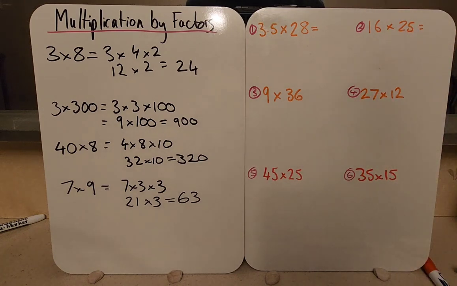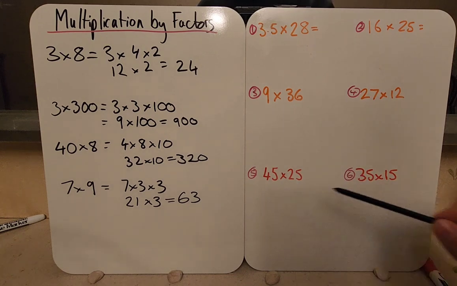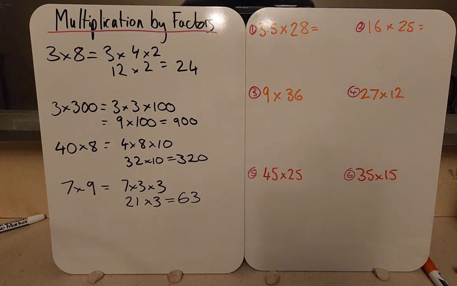These two down here are quite tricky. They do require some partitioning, and it helps if you know your cube numbers and square numbers as well. But I'm going to let you have a go, and we're going to come back and I'm going to show you how I would have broken each one down and multiplied them, and then we can go from there.